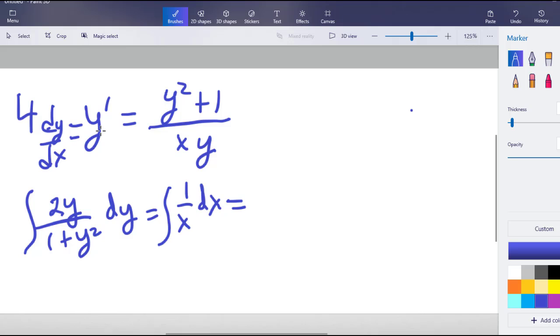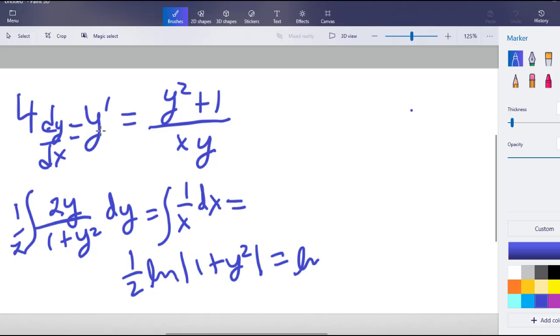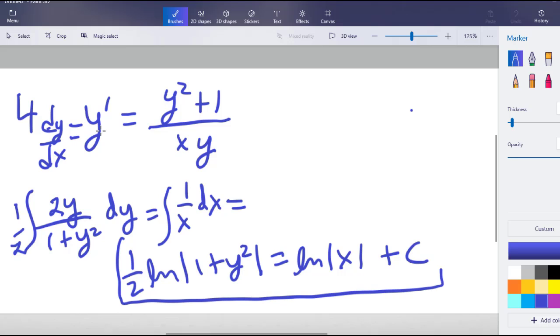We get what we want. We just need to pay for it by putting a 1/2 out front. Once we've done that, we get 1/2 log absolute value 1 plus y squared equals natural log absolute value of x plus c. And that solves the problem.